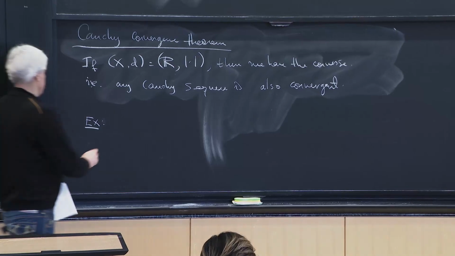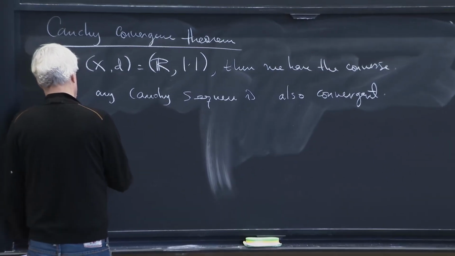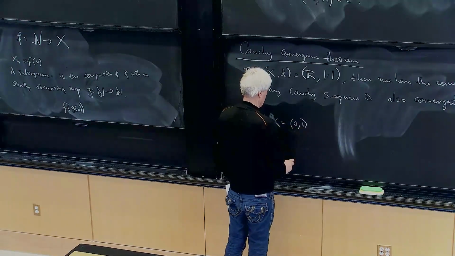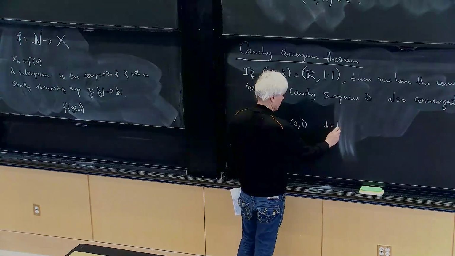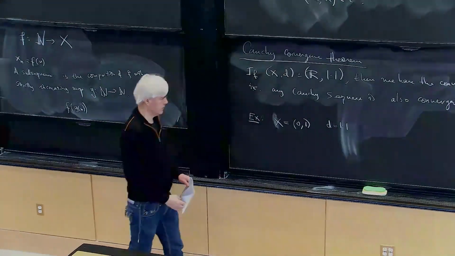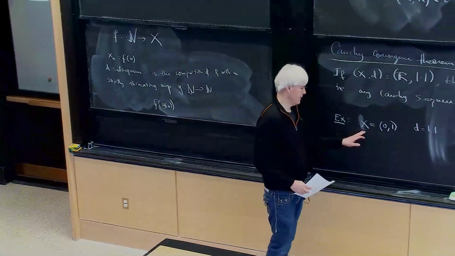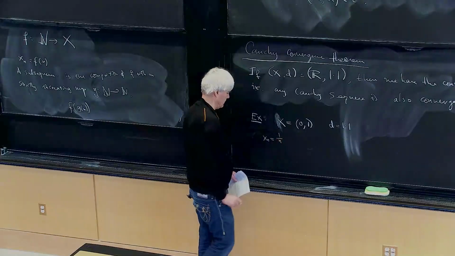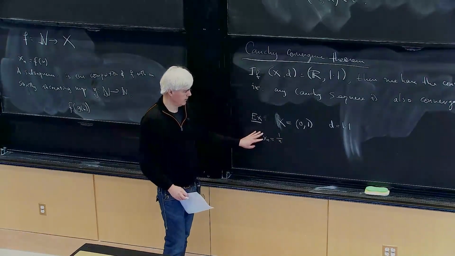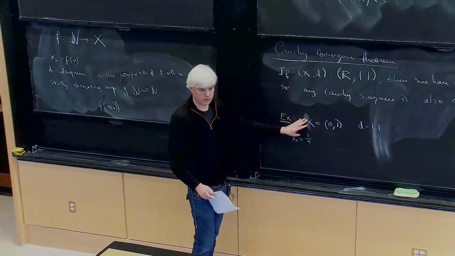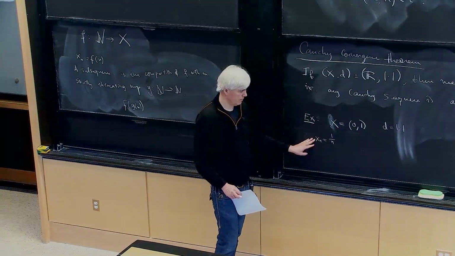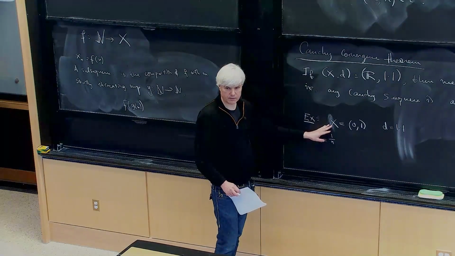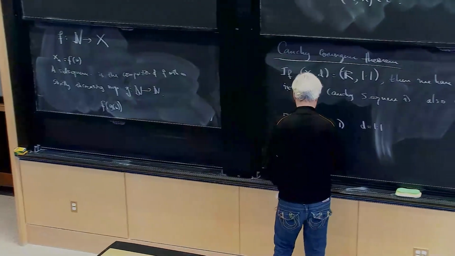But where X, the set, was the interval from 0 to 1, and the distance was just the usual Euclidean distance, then if you look at the sequence xn equals 1 over n, this is a sequence in this space. It's a Cauchy sequence, but it doesn't converge in this space because 0 is not part of the space. Right?